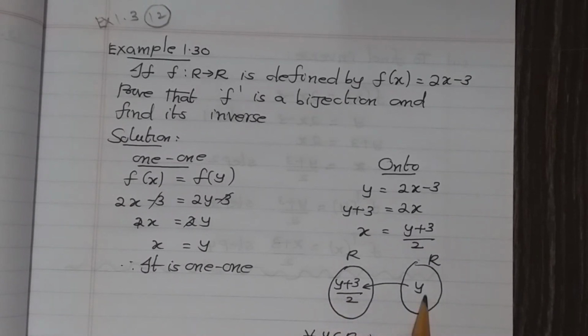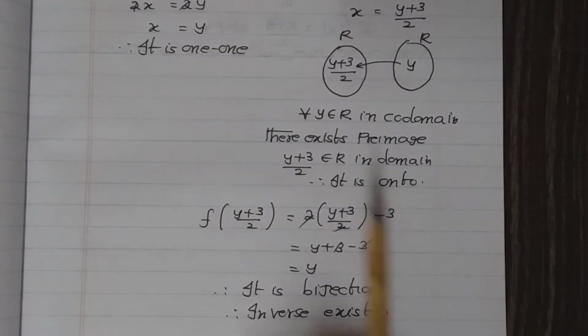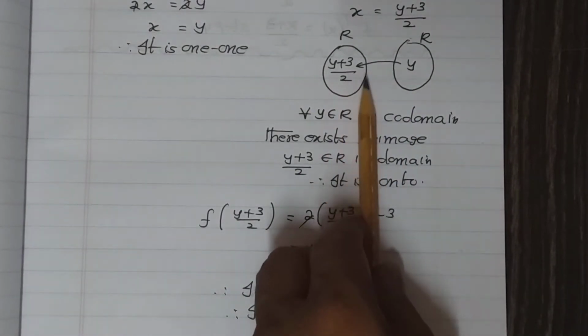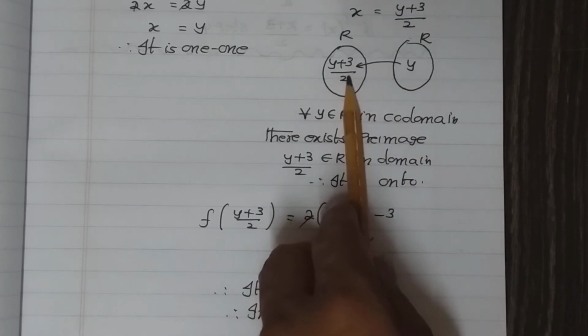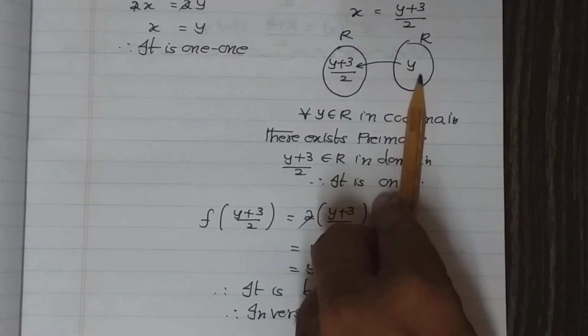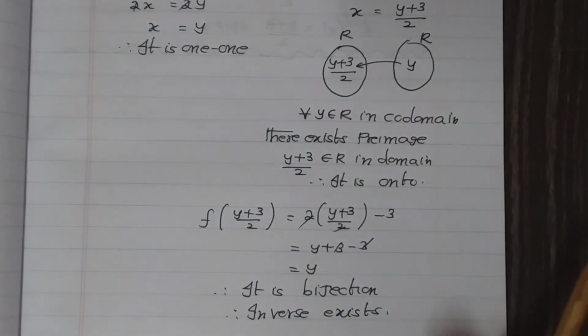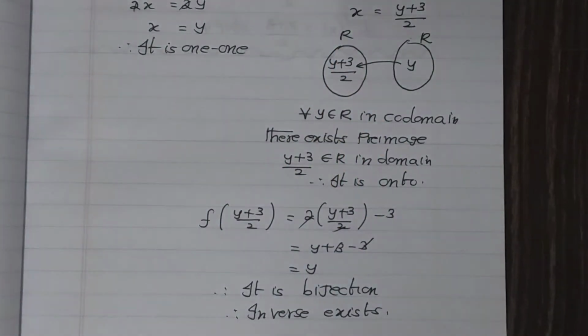This is the y value, in the codomain. For every y belongs to R in codomain, there exists a pre-image y plus 3 by 2 belongs to R in domain. Therefore, it is an onto function.